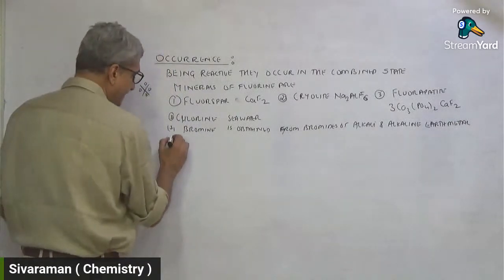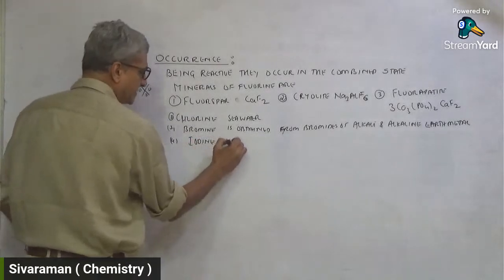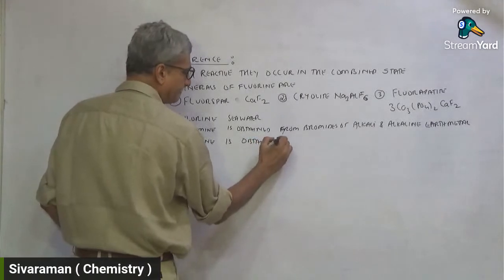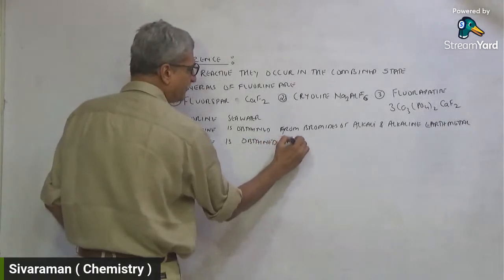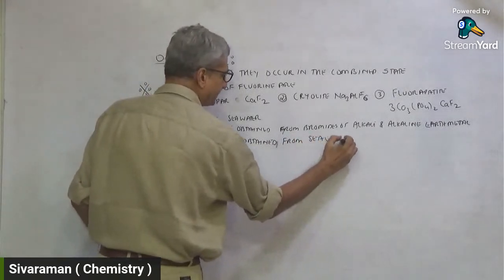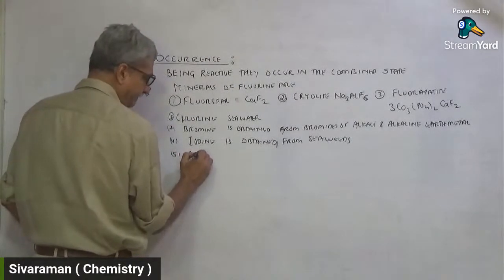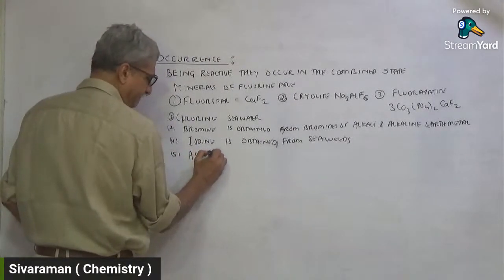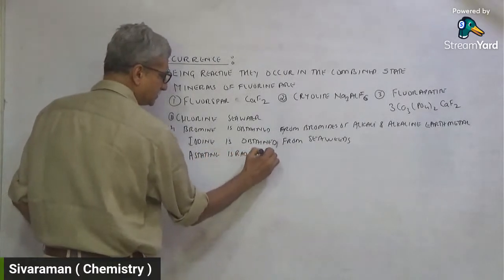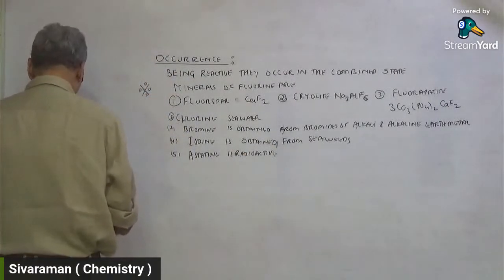This is clear. Then the fourth, I told you, is iodine, which is obtained from seaweeds. Then the fifth one is astatine, which is radioactive.